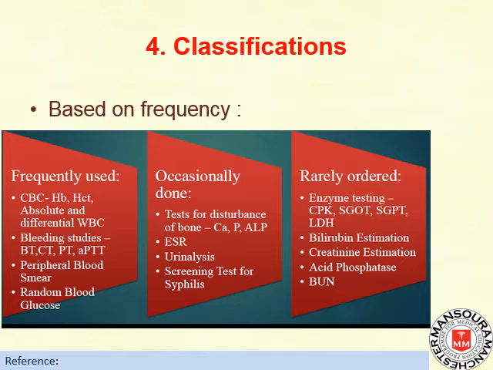In, for example, a gastroenterology center, we have another list of investigations under each type of category. In a urology center, we have different types of investigations listed under each category. So it depends upon which clinical service we are providing. We have different lists of frequently, occasionally, and rarely ordered investigations.